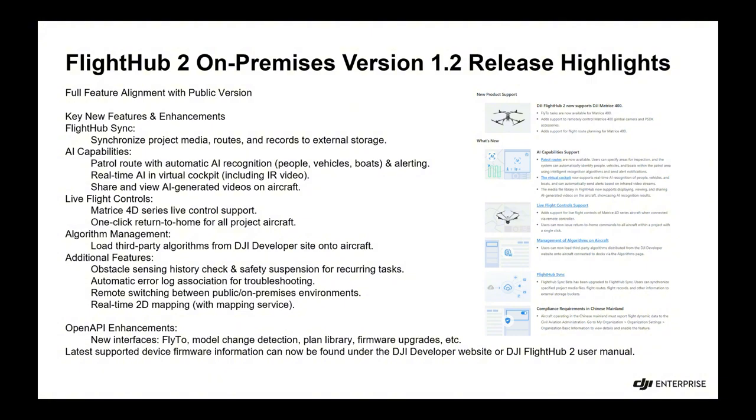The on-premises version includes all these public version features, and in addition to the major functionality released in this version, we have also announced Open API, which our developers may also be interested in. I'm going to cover that later in today's webinar.